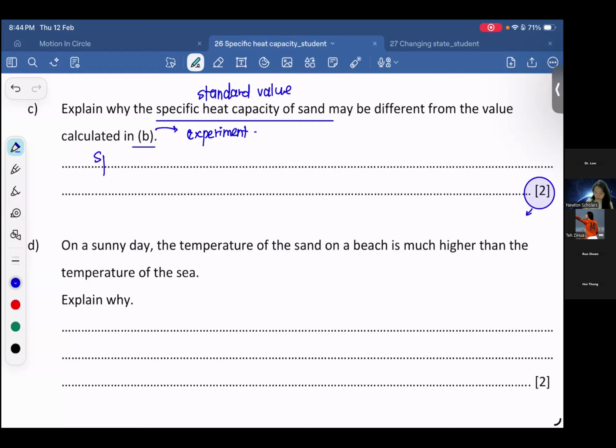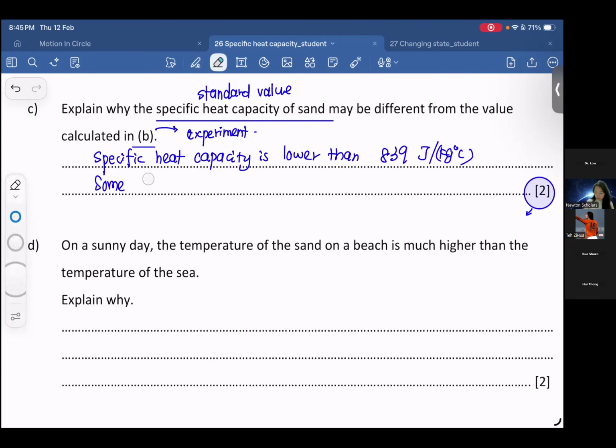So at here we can say that specific heat capacity, it should be lower than 839 joule per kg per degree Celsius. It should be lower than this value. Okay, why? It's because some heat energy lost to the surrounding.